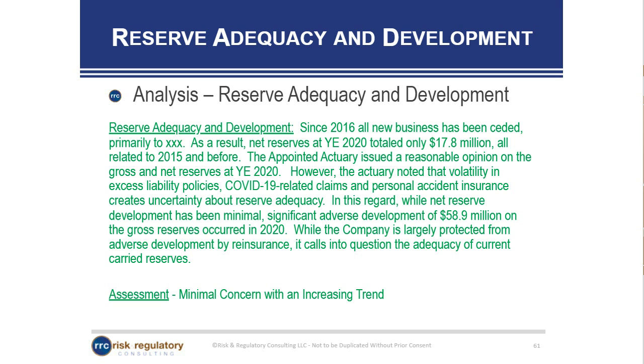However, the actuary noted that there's volatility present from certain factors, and in this regard, the net reserve development has been minimal, but significant adverse development of $58.9 million was noted on the gross reserves. And while the company is largely protected from adverse development by reinsurance, it calls into question the adequacy of the current carried reserves. So I viewed this as a minimum concern, mostly because of the net carried reserves, but with an increasing trend because you still have to get it right on a gross basis.